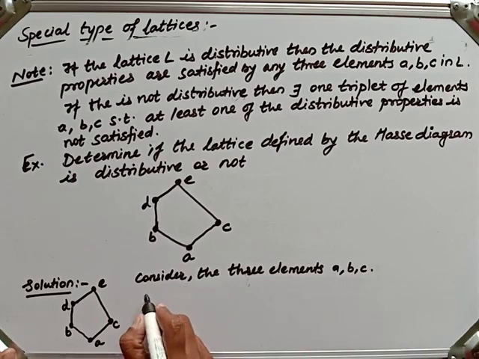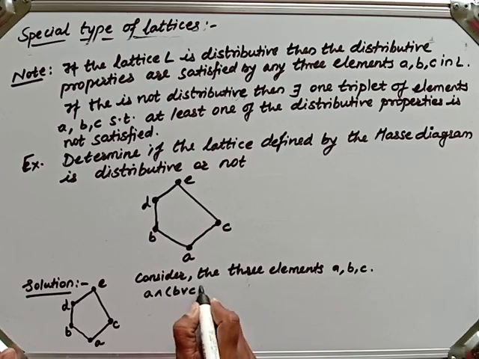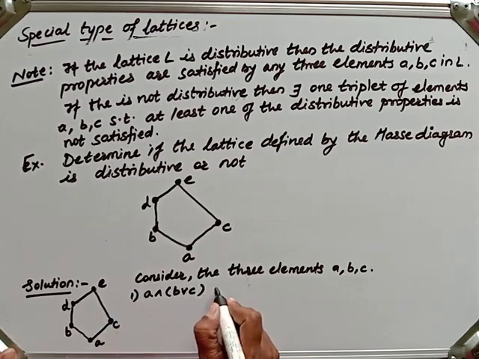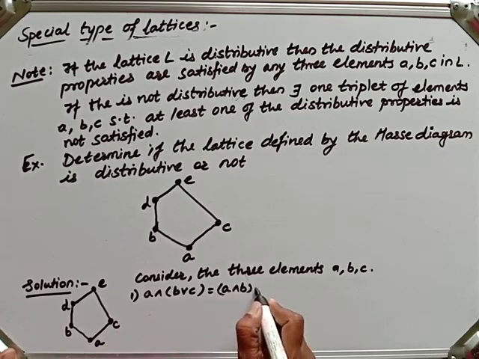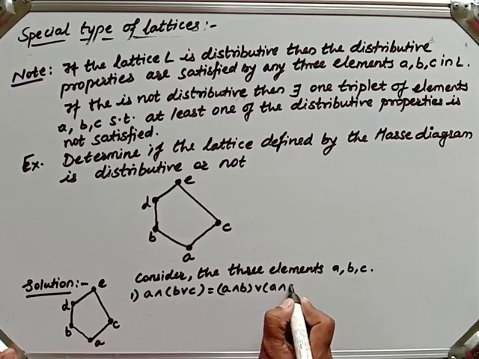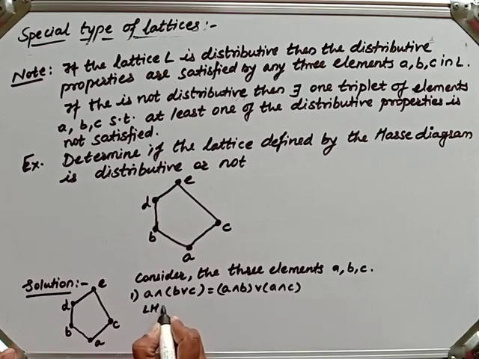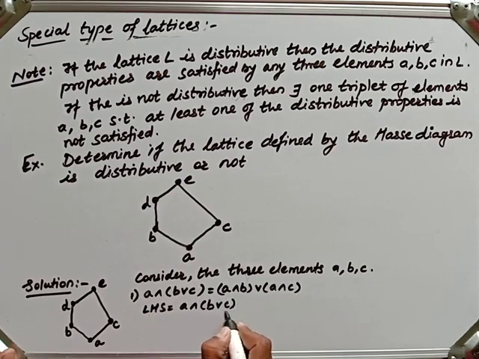So let me take A meet B join C as the left hand side of the first property, which is the same as A meet B join A meet C. So LHS is A meet B join C. Now look at it.